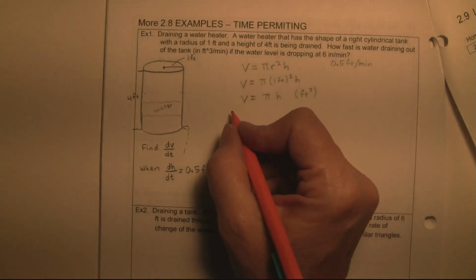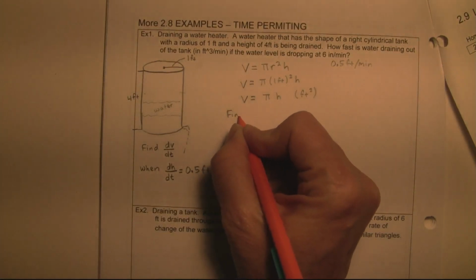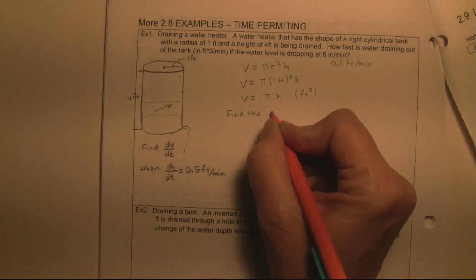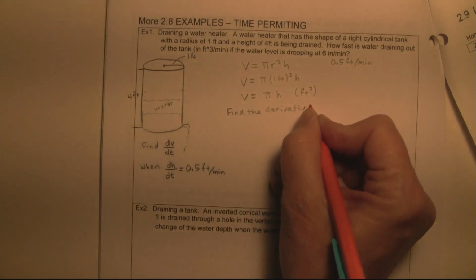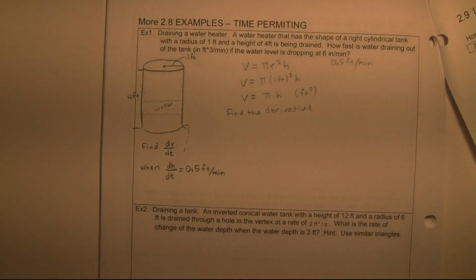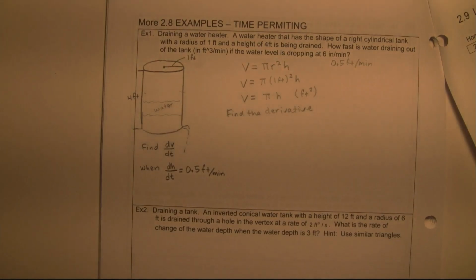So now I'm going to find the derivative. The reason I couldn't put in the value for h is because h is not constant. H is changing.